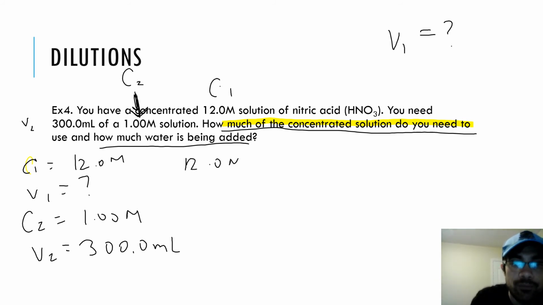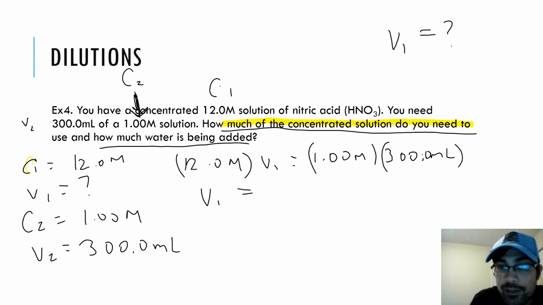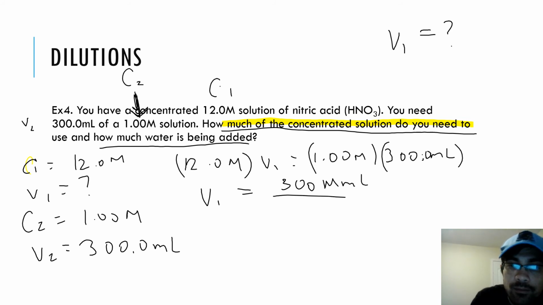So we have 12 molar times V1 equals 1 molar times 300 mL. Obviously 1 times 300 is 300, so I'm going to skip a step here. And 300 divided by 12 will be 25.